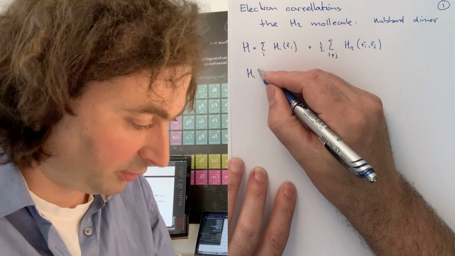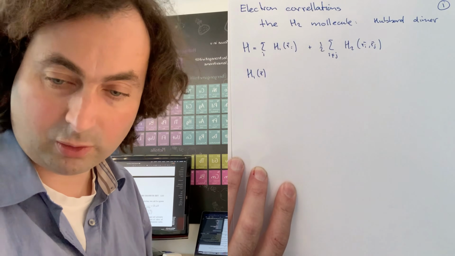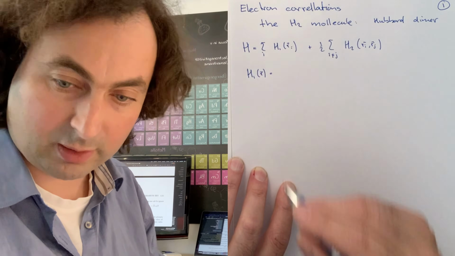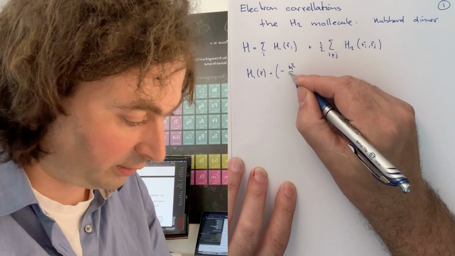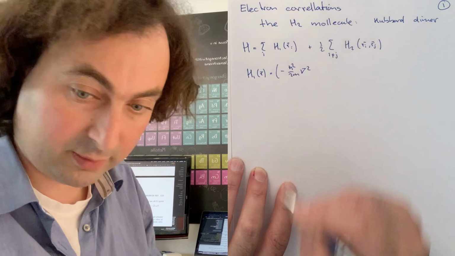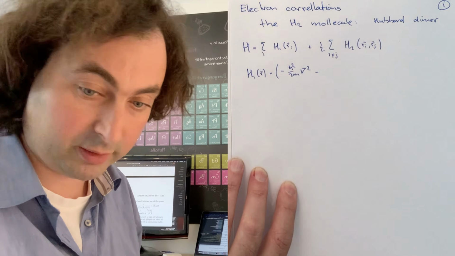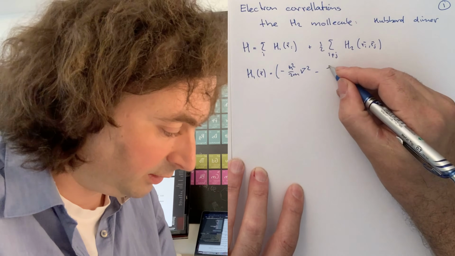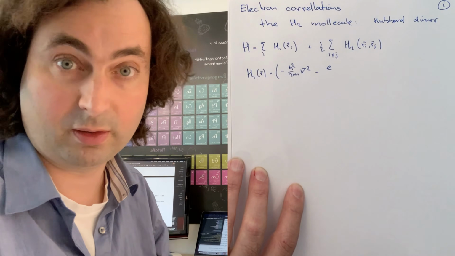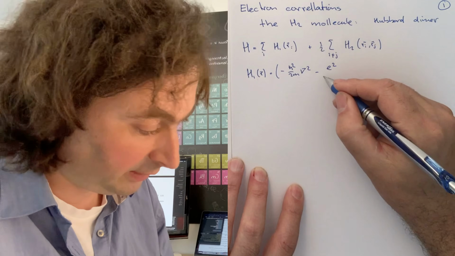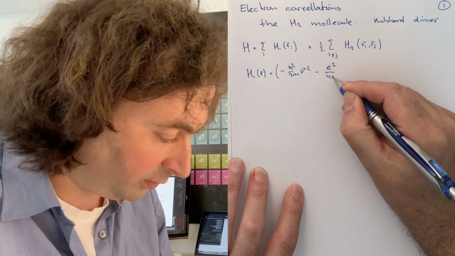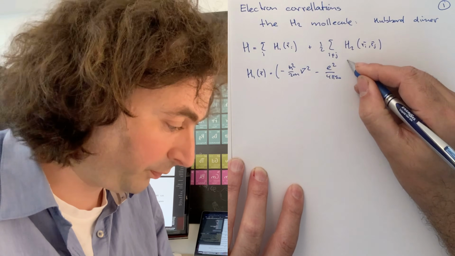Our 1-particle Hamiltonian, depending on 1 coordinate, is given by the kinetic energy, h bar squared over 2m, and then the second derivative with respect to coordinates, and the Coulomb interaction between the nuclei that we assume fixed, the 2 protons that we have, and the electron, 4 pi epsilon 0.